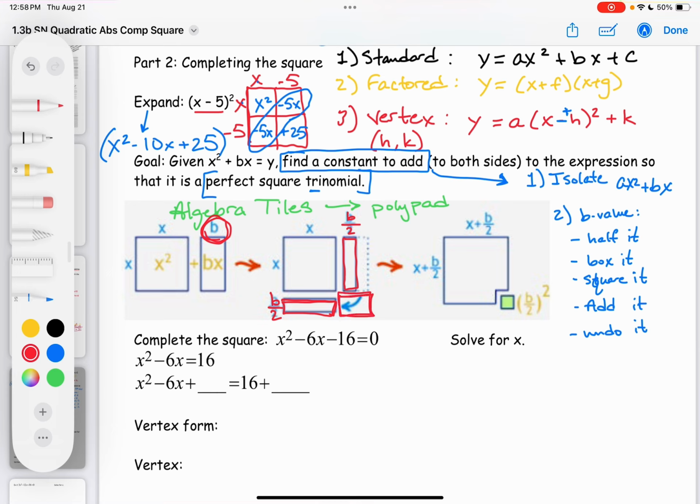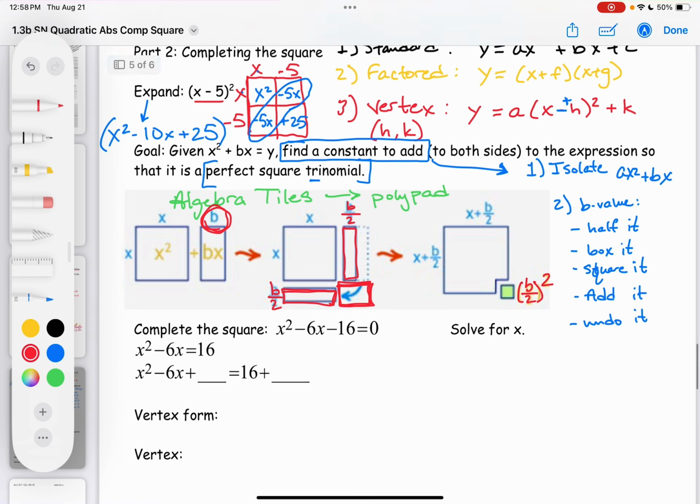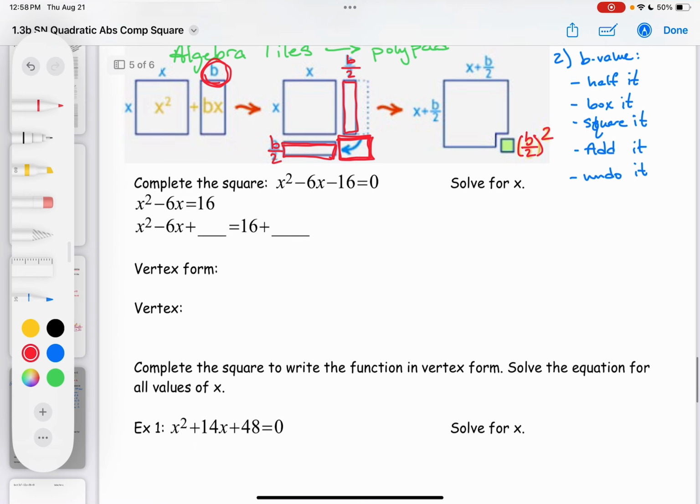Like we said, when you're using the tiles, you want to create a perfect square, so you want to find how many actually fit in that space. That's where we get to the point where we square it, b over 2 squared, and then add it. Undo it is going to happen while we're solving. So I think the best way to move forward now is, let's work some examples.